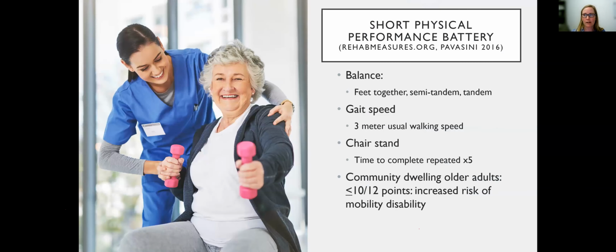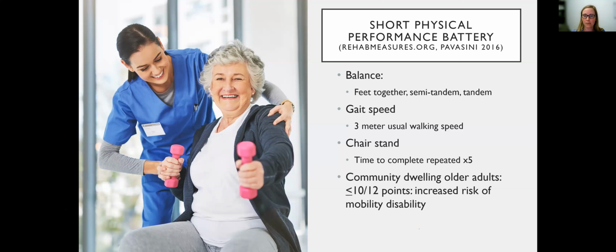So when we look at the actual mobility piece of it, I'm recommending some pretty brief assessments that can be done. And this one is a short physical performance battery. It can actually be even broken down into separate pieces, but the full battery incorporates balance, gait speed, and a chair stand.